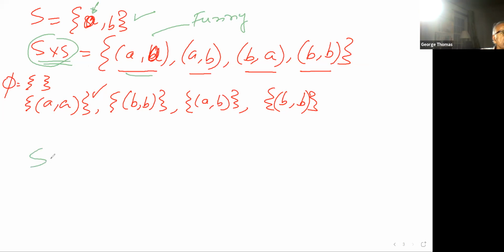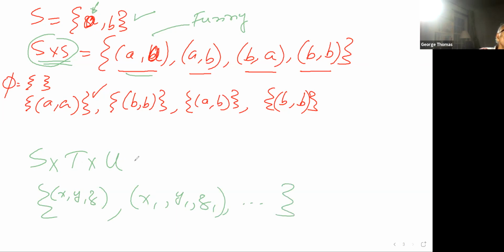Hey, suppose you had S, T, U. What will an element in this one look like? X, Y, Z, wouldn't it? One from each. Another one will be, I don't know, X1, Y1, Z1.